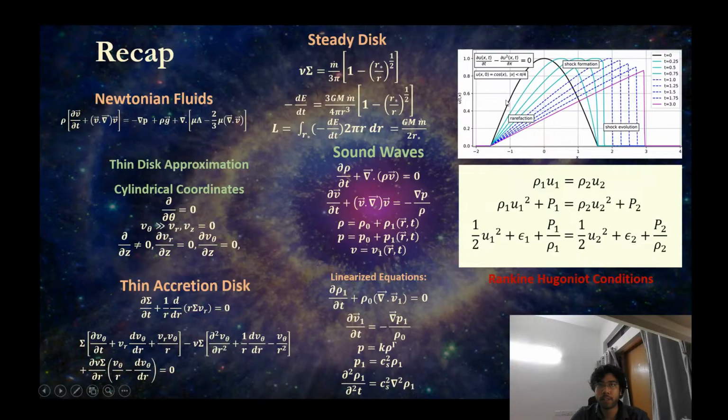What it says is that if you start with a wave which is a cosine wave, then as time goes along, the wave will form a shock. You see here that the gradient du dx is negative.